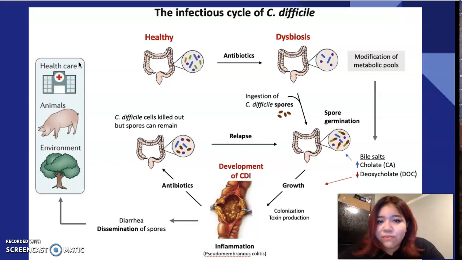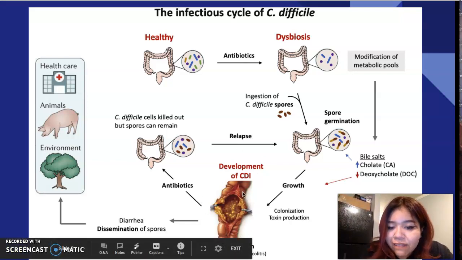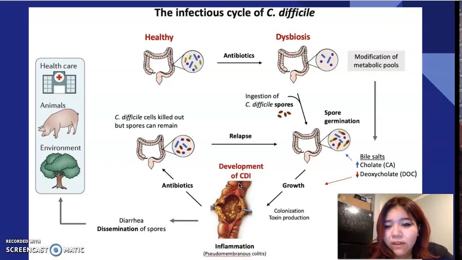Here we have a case where the person took antibiotics and killed their normal flora, and that is when they ingested C. diff spores, and the bile acids in the colon disintegrated the coating around the spore, and basically you have your vegetative cell, which will grow more C. diff cells, and that's when you will have infection as the C. diff cells release more toxin into your body.